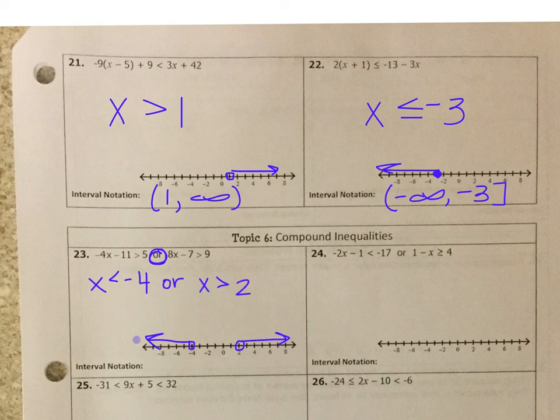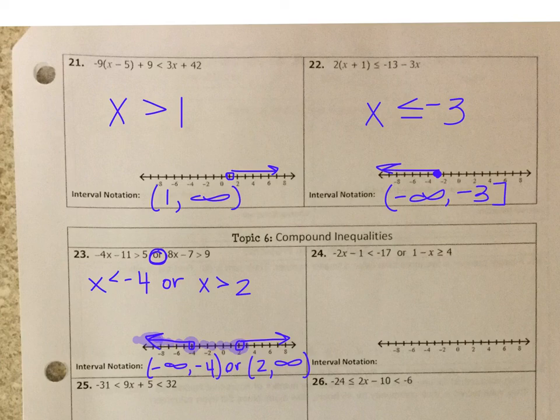Interval notation, if I were reading, I would come to that negative infinity first. The next thing I come to when I'm reading is the negative 4. Parenthesis, I write the word or. If you keep reading, the next thing you would come to is the 2, and then it ends in infinity.